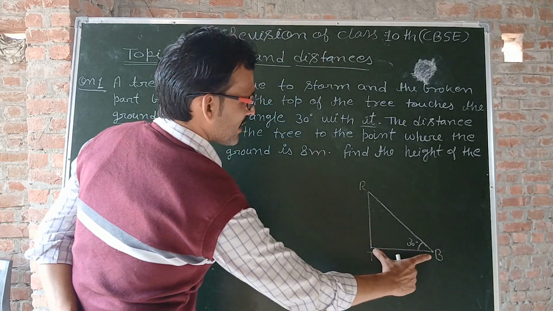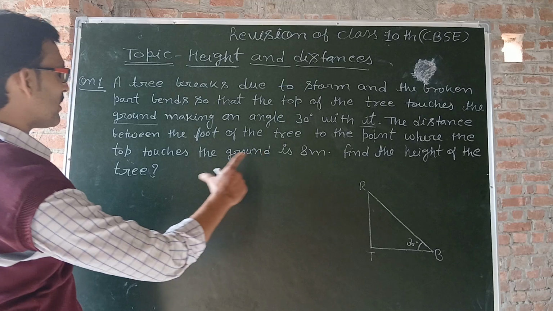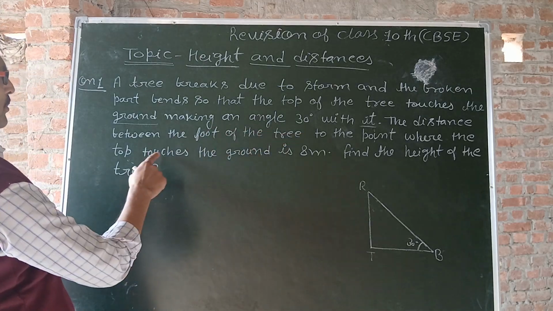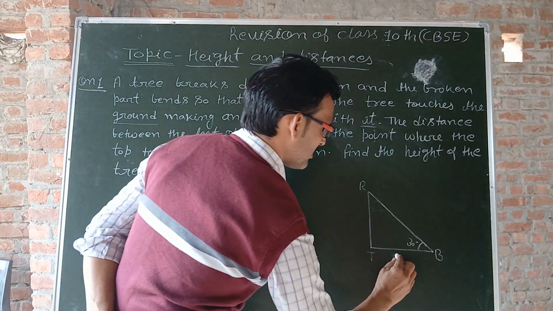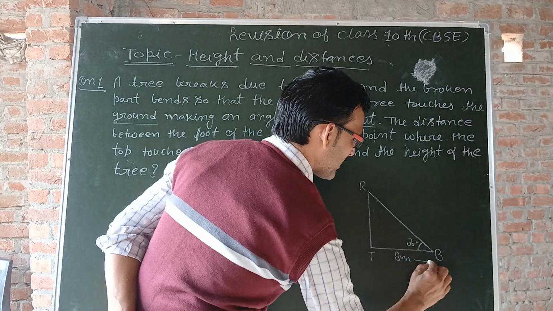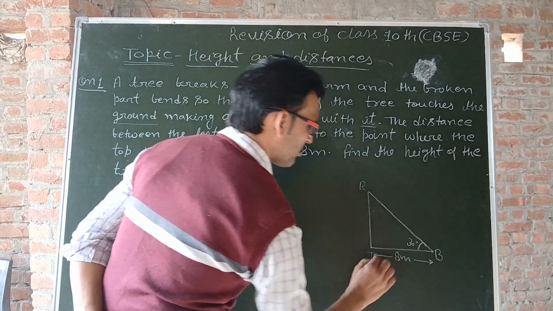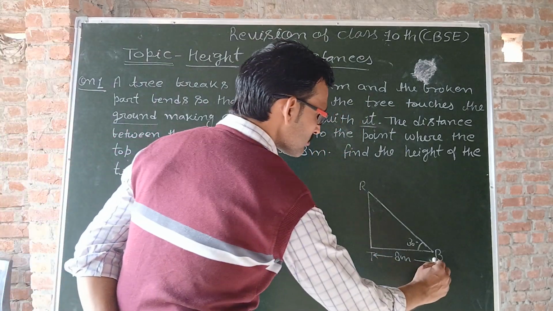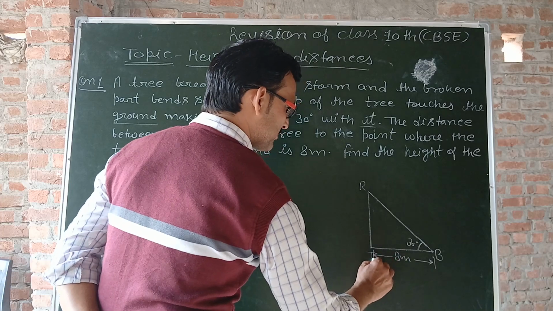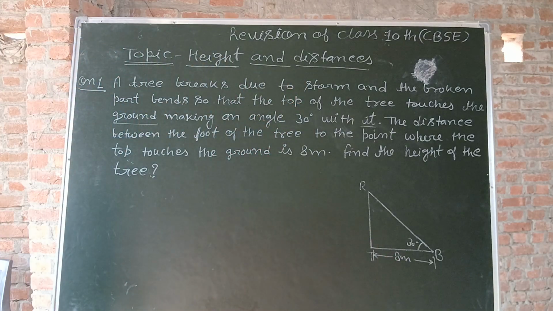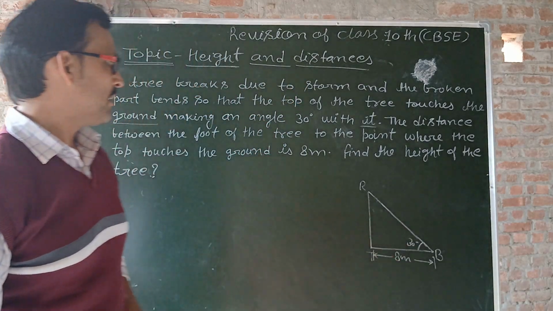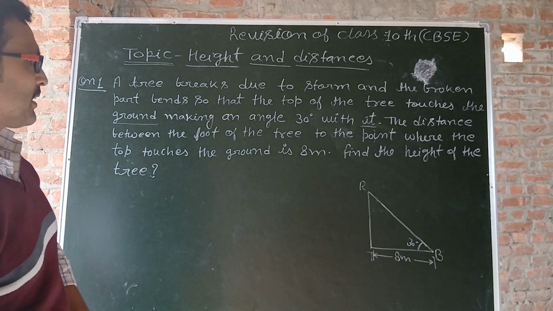The distance to where the top touches the ground is 8 meter. This is 8 meter from here to there, and this is 30 degree with the ground. Find the height of the tree.